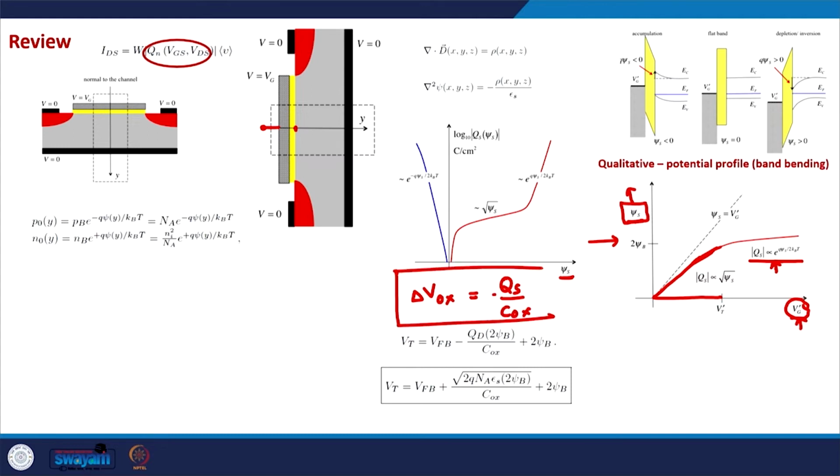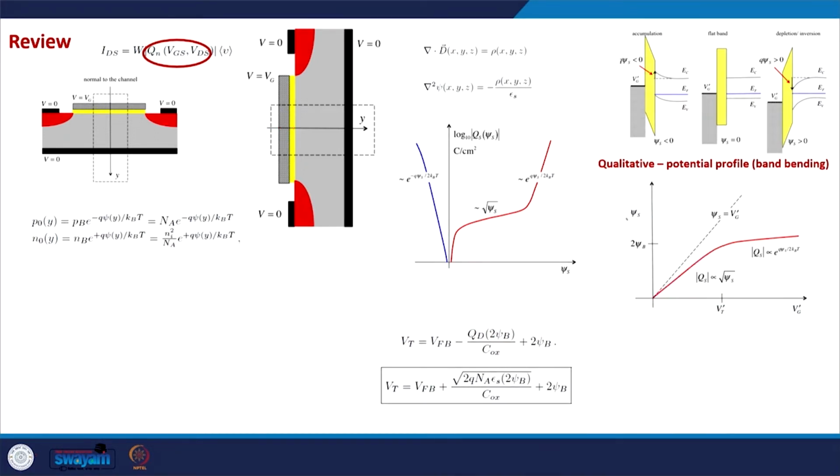So if this Qs is more, then delta Vox will be a large number. So this is the relationship between psi s and Vg.